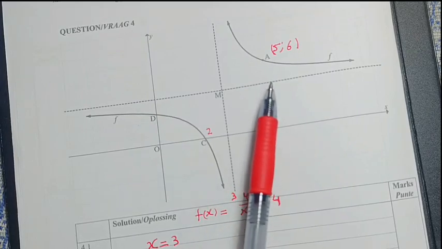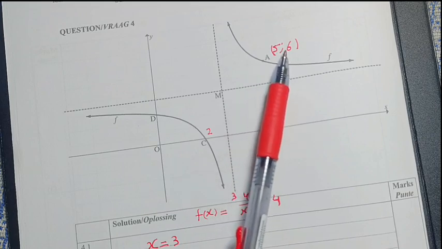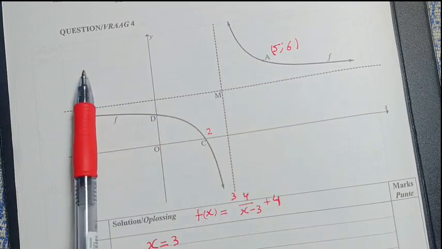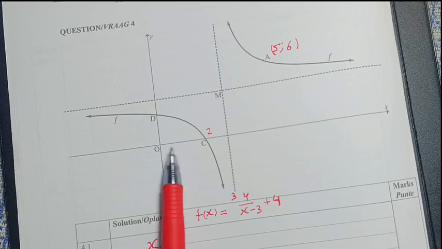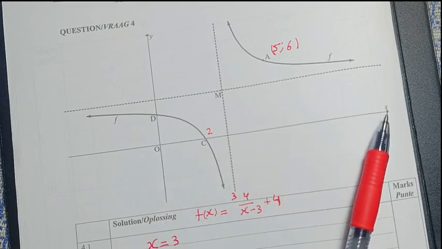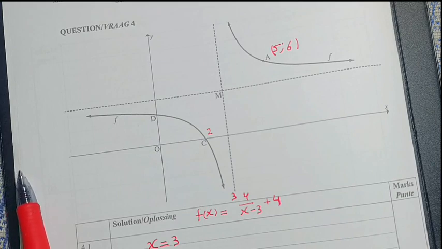Must remember, a reflection on the y-axis but a horizontal shift. So A is (5, 6). A prime is lying here at (negative 5, 6). From 0 to the right-hand side is the positive x-axis, from 0 to the left-hand side is the negative x-axis.